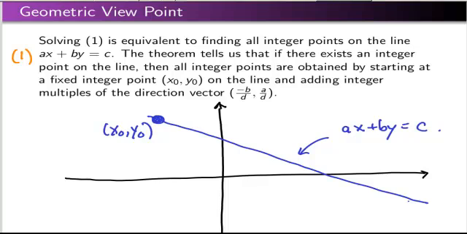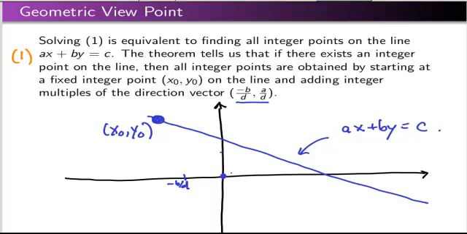And so our theorem says you start at a particular solution and you add any integer multiple of this direction vector. So what is this direction vector? It's minus b over d, and then a over d.